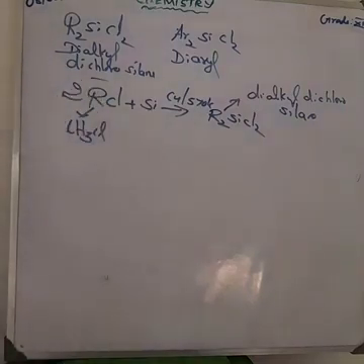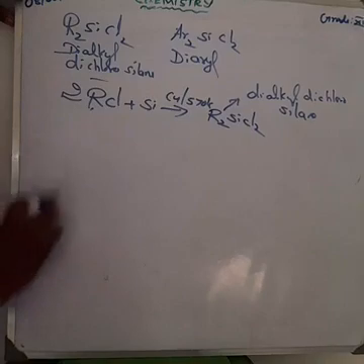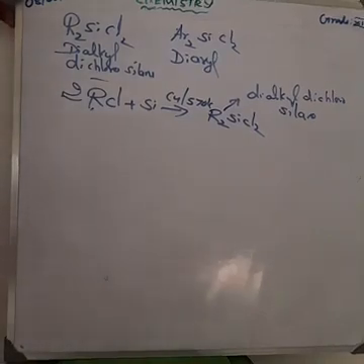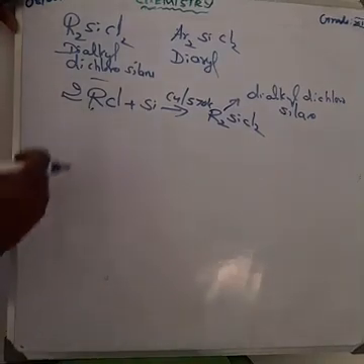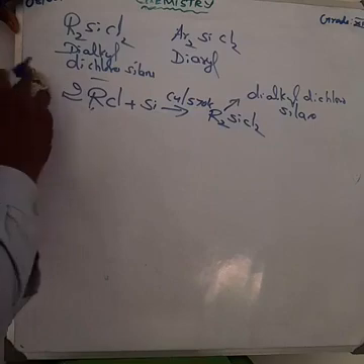So we prepare it by passing the vapor of alkyl chloride, or aryl chloride, over silicon at a temperature of about 573 Kelvin, with copper as a catalyst. We get dialkyl dichlorosilane.